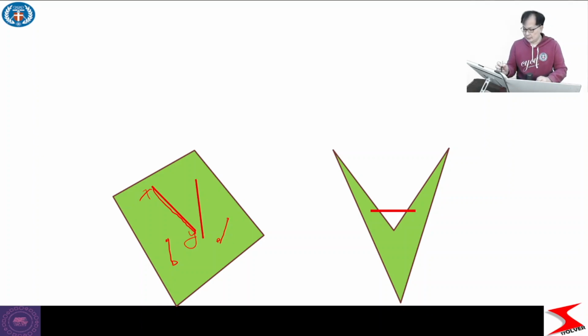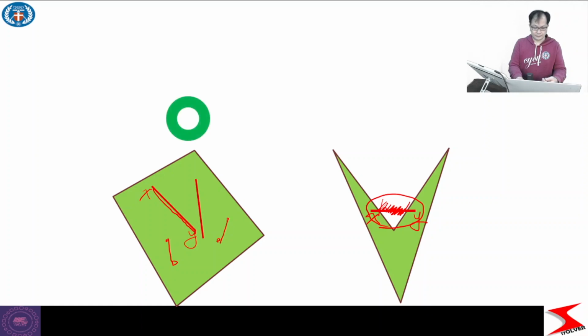But if you consider this other one, maybe here is x and here is y, then you will find the segment here is not in the set.